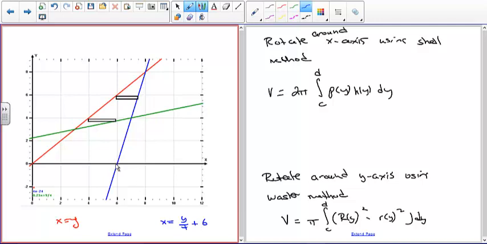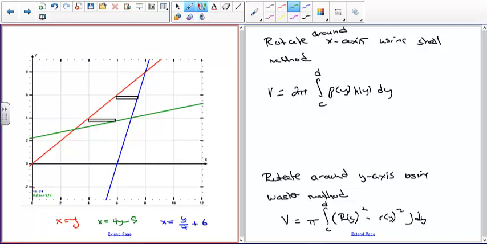Yeah, because it intersects the x-axis at 6, so that makes sense. And the green curve is x equals y over 4. I just did that one. It's not that one, it's the other one: 4y minus 9. And if you followed the green curve, it would intersect the x-axis at negative 9. So those are the different curves.